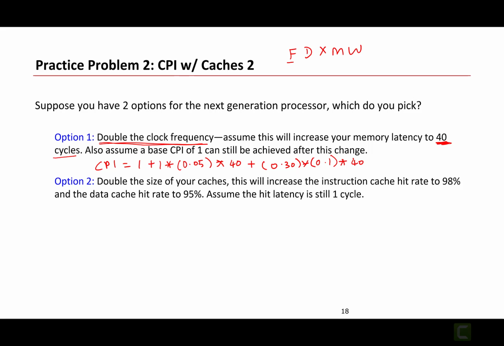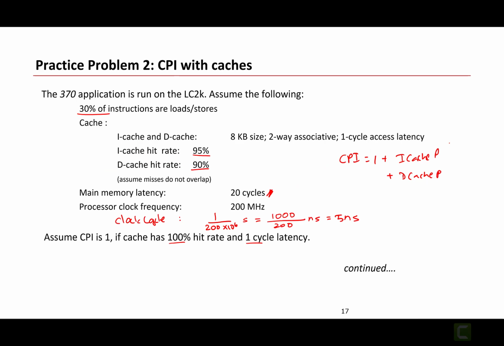It stays a constant in terms of the actual time it takes to access the main memory, right? What changed is the time of the clock period. When I say that the main memory latency is 20 cycles and the processor clock frequency is 200 megahertz, then the main memory latency is really 100 nanoseconds.